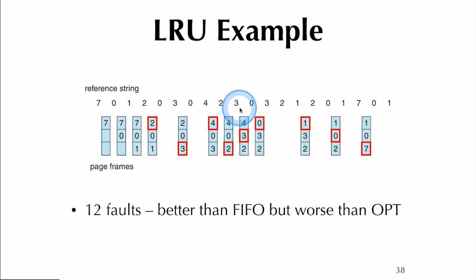Another unfortunate case where 3 is used right away, so then it has to replace the 0. And then unfortunate again, 0 is used in the next cycle, right? So it could get into a bad case if somebody constructs it that way. But still, it's better than FIFO. It's not as good as OPT, okay? So it's only an approximation. And hopefully, if you have a large enough set of frames, you wouldn't run into this problem. Okay.